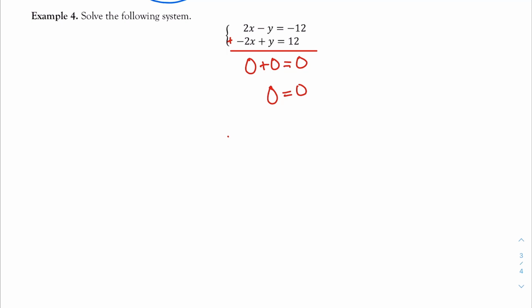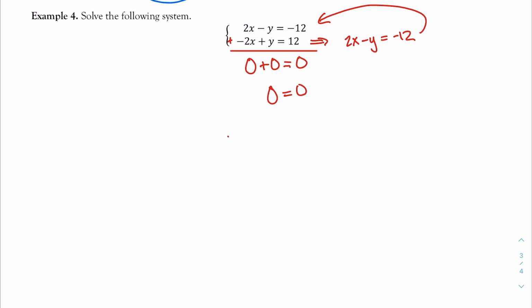Well, for this to happen, this actually means that I have the same line. Notice that here on my second equation, if I multiply the whole thing by -1, I simply have 2x minus y is equal to -12. That's exactly what we had up here. Well, if I actually have the same line, then there's not much I can really do in terms of solving for x and y.